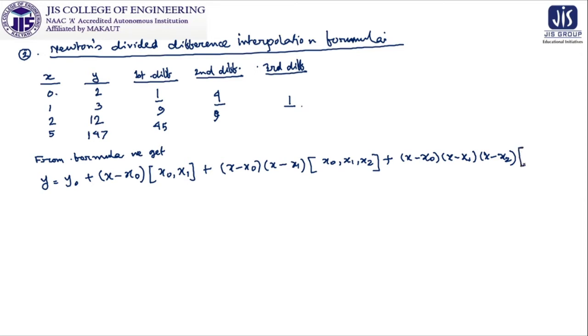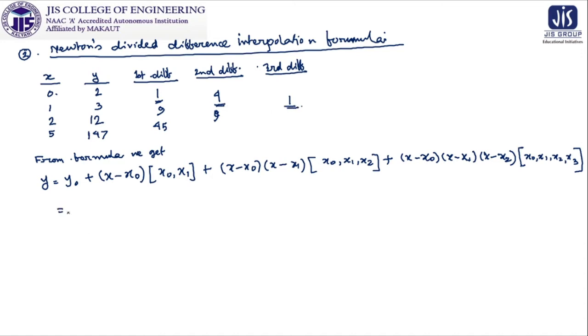Then the divided difference, the third difference, will come now: x0, x1, x2 and x3. And we know that this is x0 x1, this is x0 x1 x2, this is x0 x1 x2 x3.